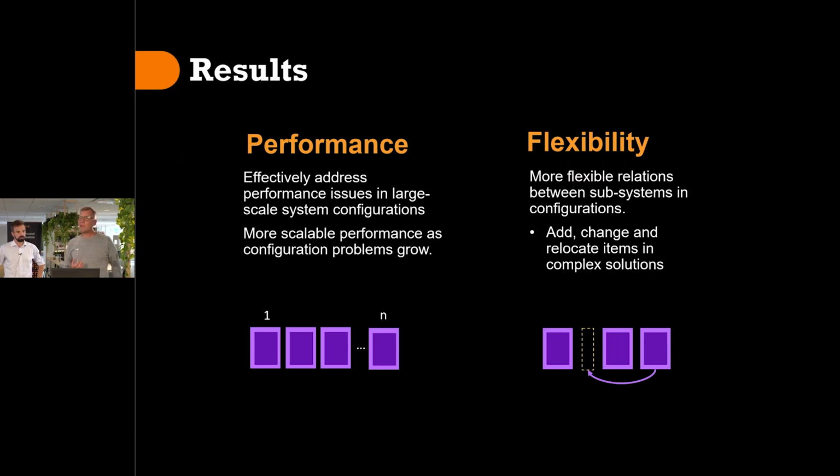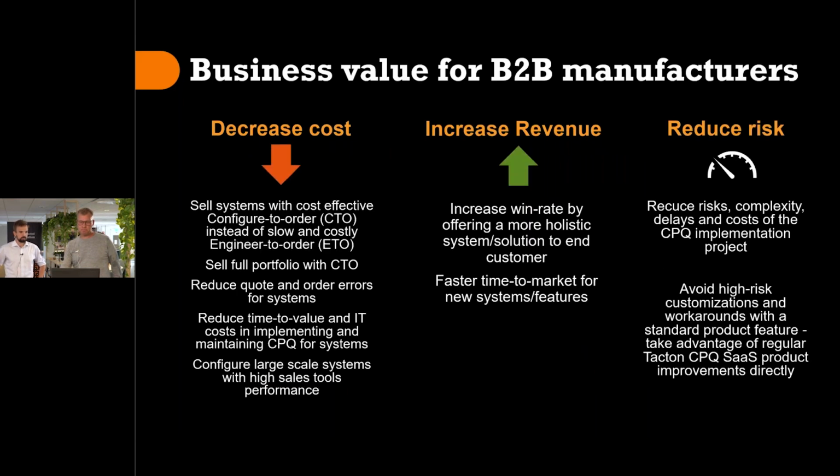It also gives more scalable solutions: as your products grow, we have a good platform for scalability. But also flexibility. If you need to add or change or move or relocate items in your network, this flexibility makes the configuration activities easier for your sales reps.